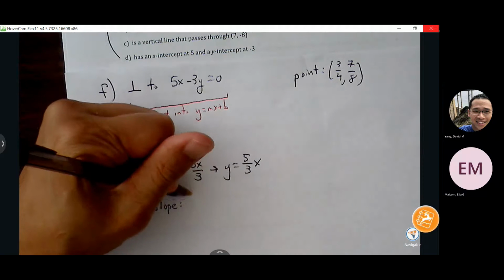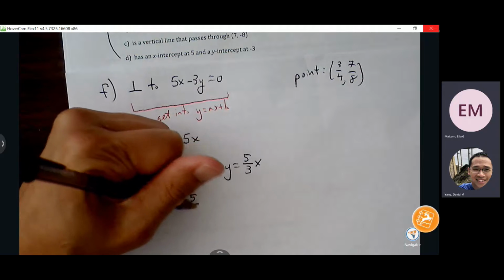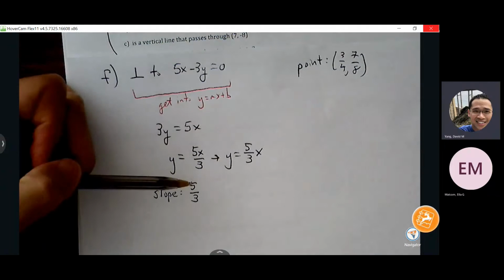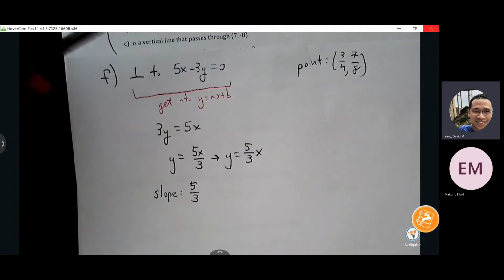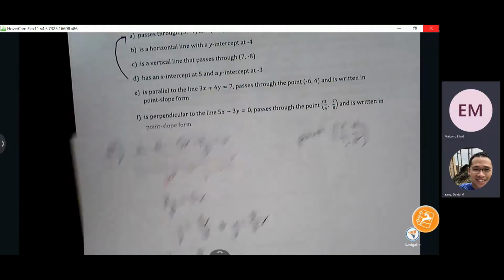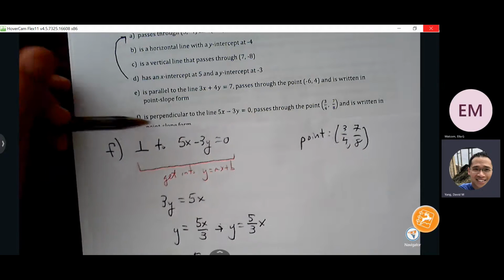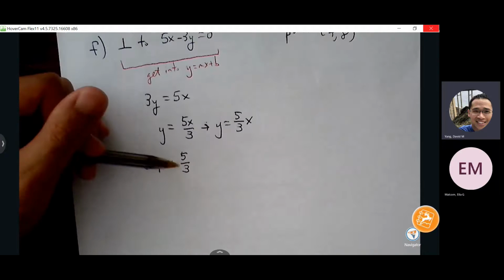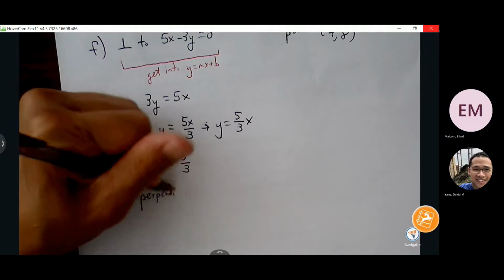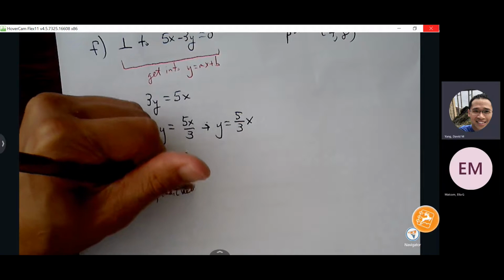It's 5/3, right. But if we just pull the same slope, then we're creating a line that's parallel to it. Oh, right. We want something that's perpendicular. So do you remember what we do with the slope to make something perpendicular? No. Okay, we have to do something to it.